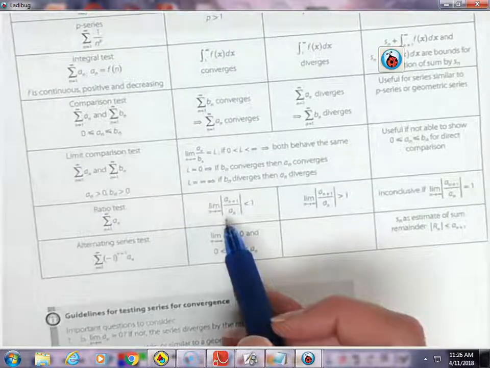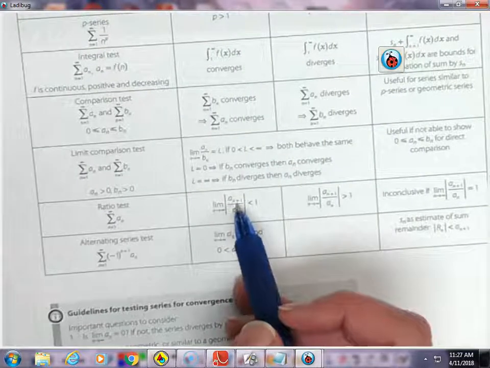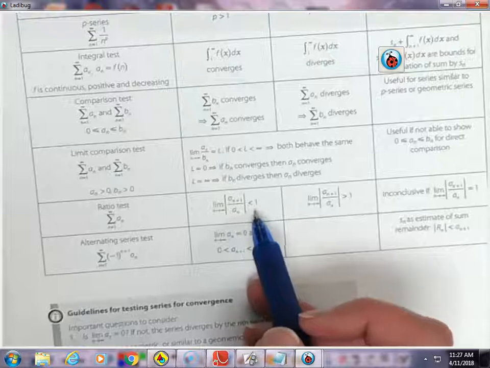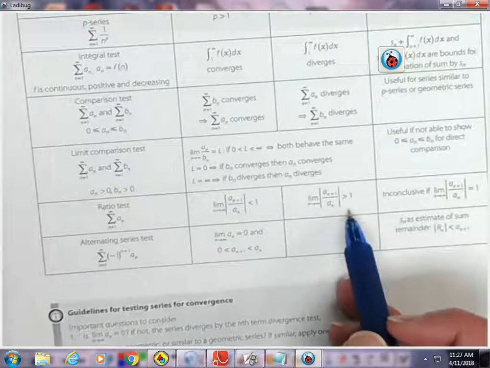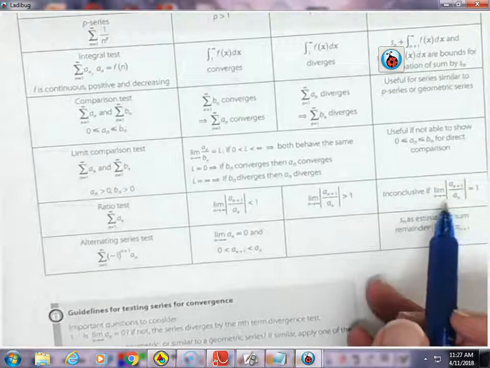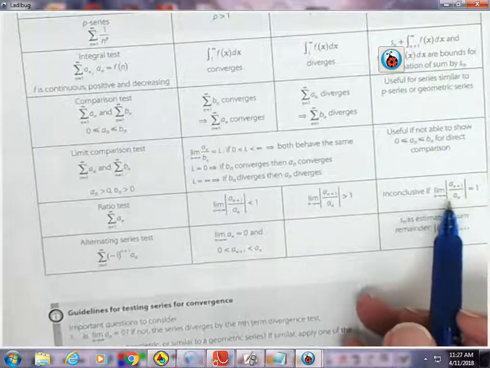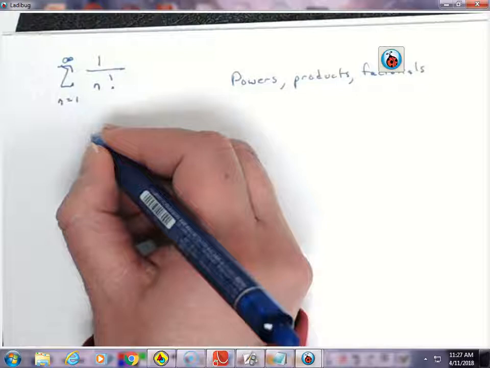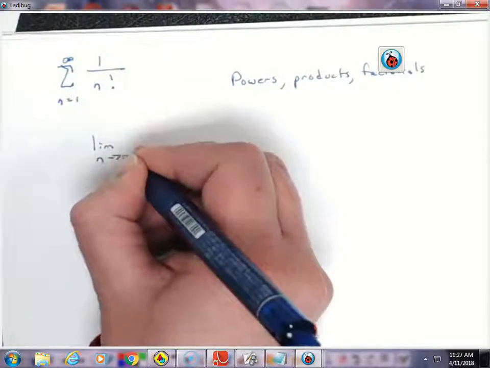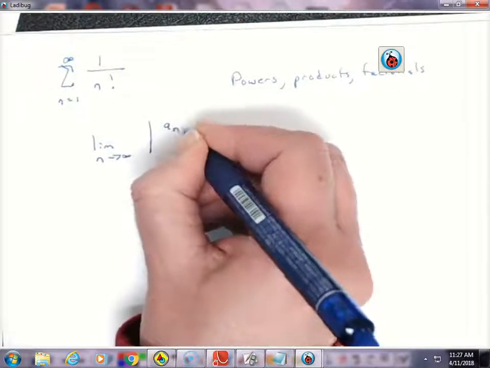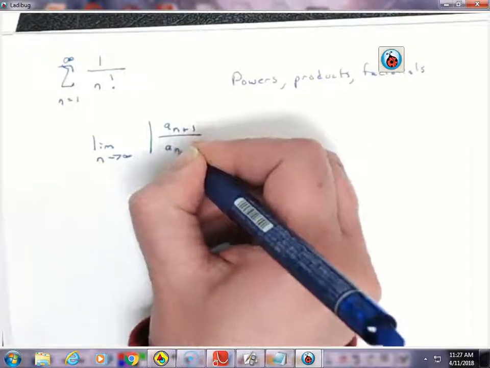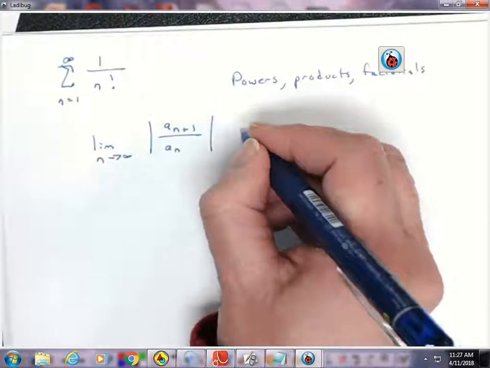You remember the famous ratio test. You're going to do the n plus first over the nth, and take that limit. If it's less than 1, it converges; greater than 1, it diverges; equals 1, it's inconclusive, and we cry. We cry because if we don't know anything, we're going to have to go try another test. So in general, we're going to take the limit as n approaches infinity of the n plus first term over the nth term.